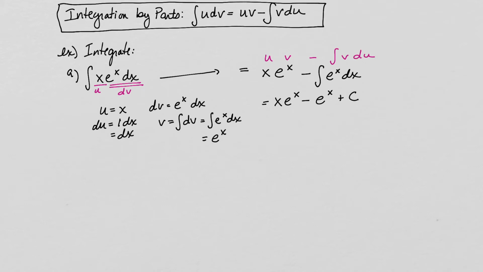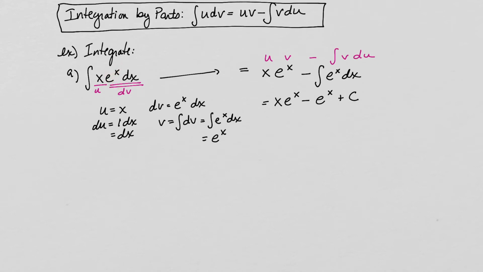So, which one did you say should be easy to take? Okay, u should be the thing that's easy to take the derivative of. So basically, I'm looking at my original problem here, and you might say, well, e to the x is easy to take the derivative of. Yeah, e to the x is.